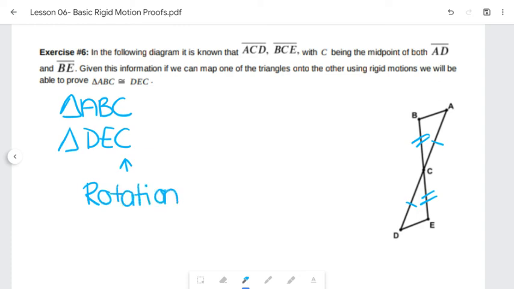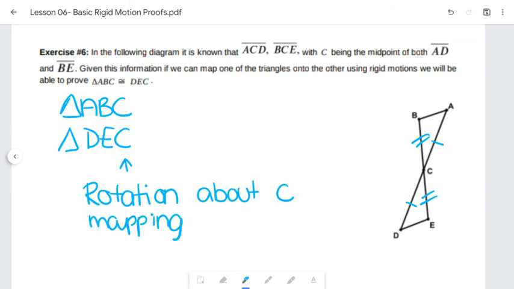But we're going to be specific. We're going to rotate about C. And I could say 180 degrees in this case because I know it's a straight line, but we could just say mapping one of your other points onto each other. Now, in this case, they weren't specific in the directions of which triangle mapped onto which, so you can decide.